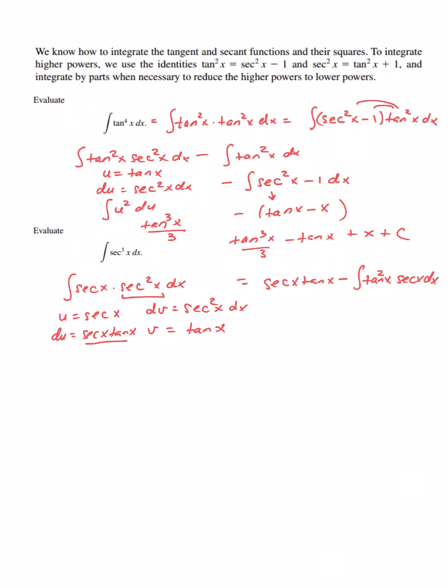And I'm going to go ahead and over here make my tangent squared into secant squared minus 1. That allows me to distribute the secant right here.